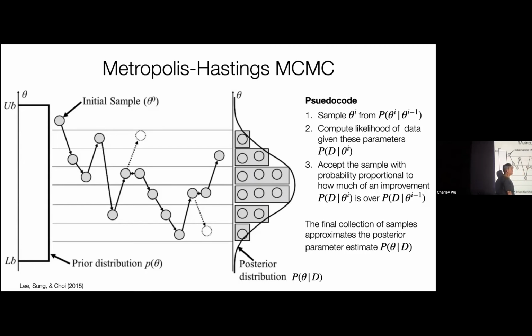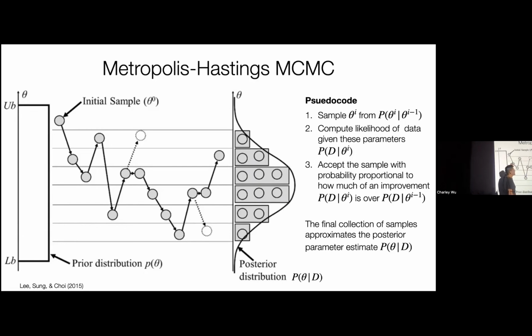We compute the likelihood, and now we have to decide: do we accept this new sample, or do we rather try again and try to get a better sample? Now we accept this new sample with a probability that's proportional to how much of an improvement it is over the previous one. Right? We compute the likelihood of this initial sample, and we compute the likelihood of this new sample.